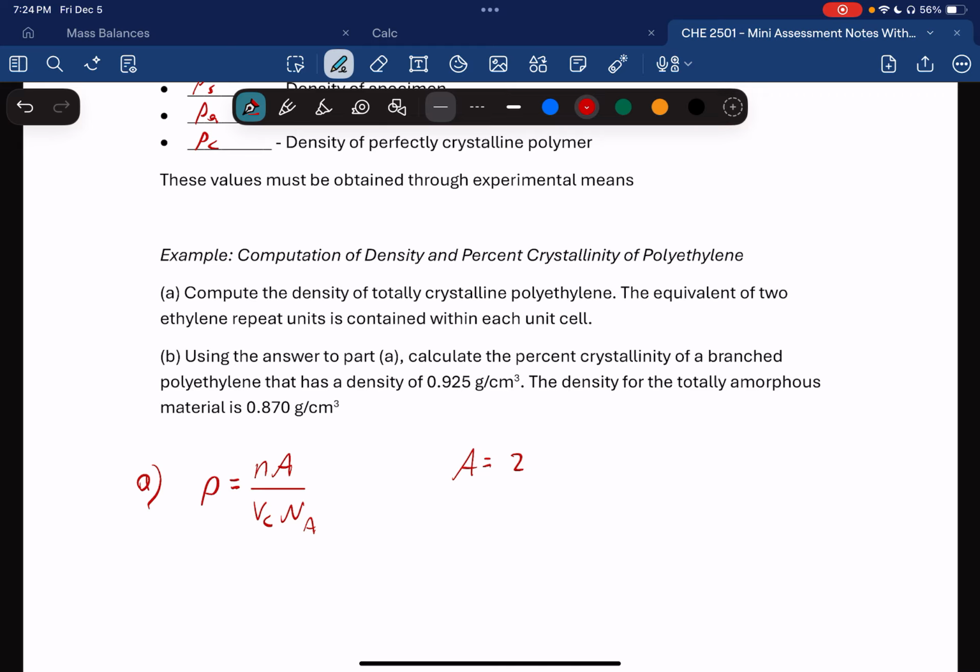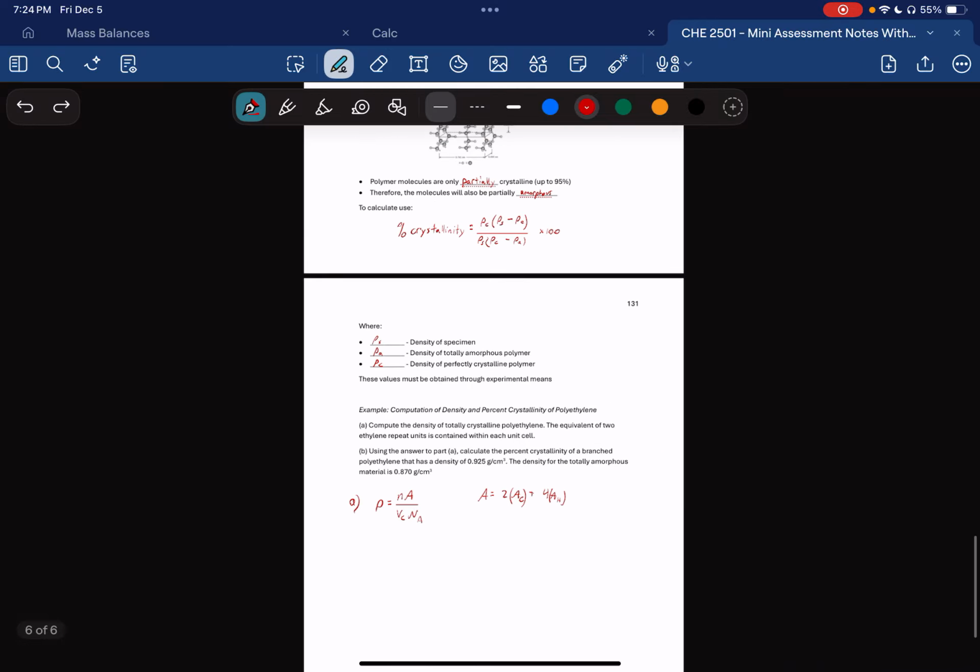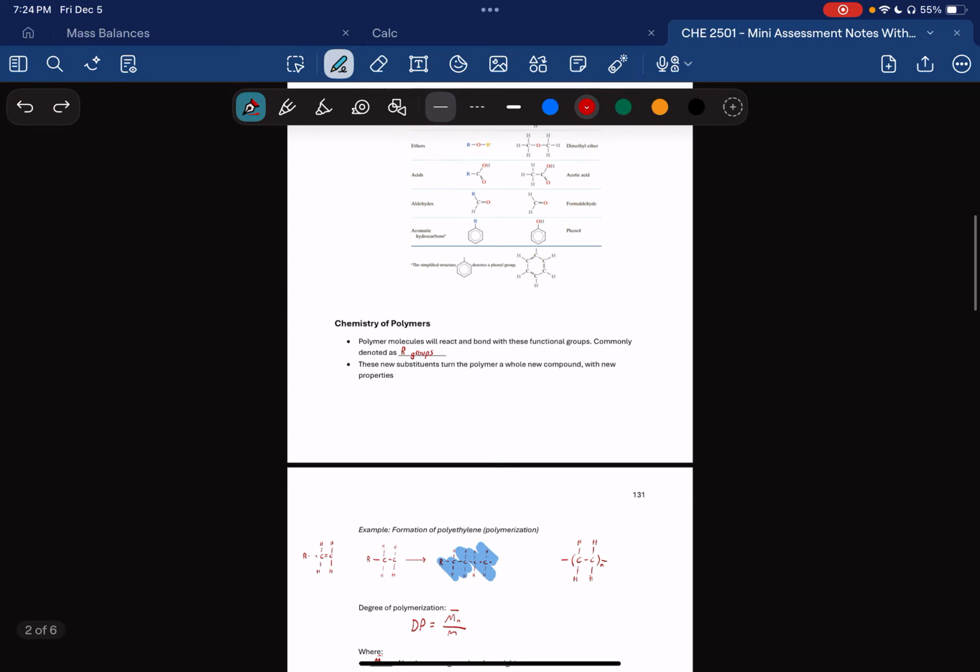A equals 2AC plus 4AH. If you weren't totally clear, we're getting these numbers because of the equivalent of two ethylene repeat units. So we know there's going to be two carbons. How many hydrogens are going to be with the carbons? Four, because just to match those bonds, like we already know from the example we saw all the way up here.